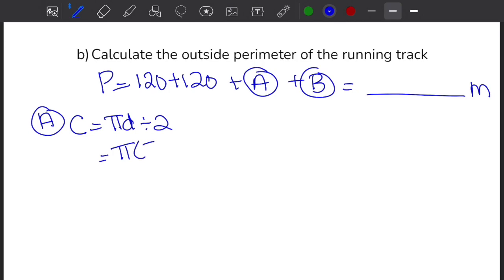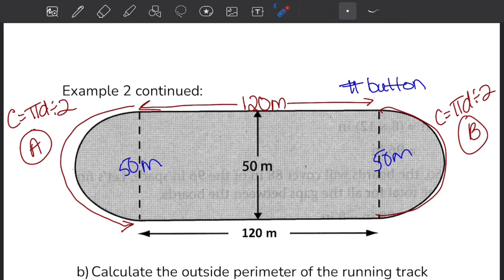The diameter is 50, and then we divide by 2. You'll notice that your answer is going to have a lot of decimals, and that's totally fine. We're going to write as many as we can because we want to leave the rounding till the very end. So I'm just going to write 4 ... meters.